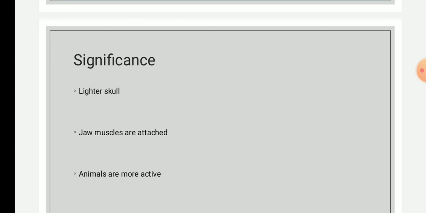Okay, on the other hand, what happens if this kind of temporal fossa or fenestrae is present in a skull? The fenestrae help in attachment of jaw muscles, and they also open up a space where jaw muscles are attached.